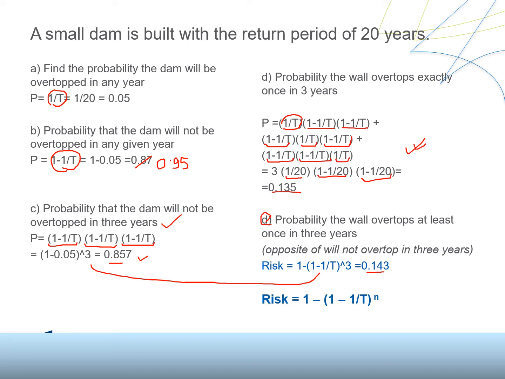That is what we are interested in. So these other probabilities are just for you to see the different kinds of probabilities, but in terms of risk, this is what we calculate: 1 minus probability of not exceeding. Okay, that is the risk.